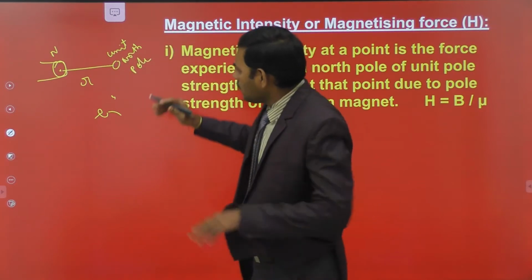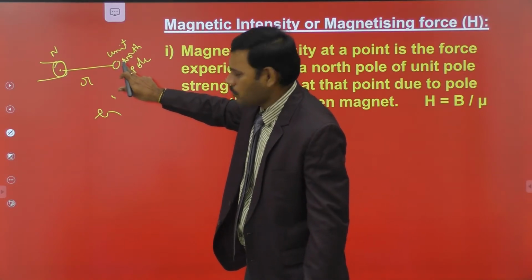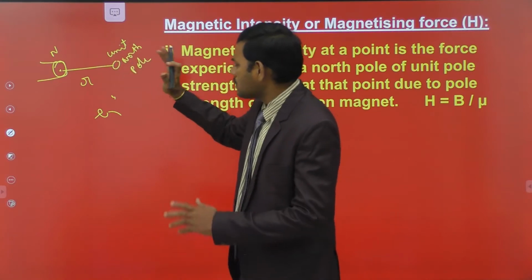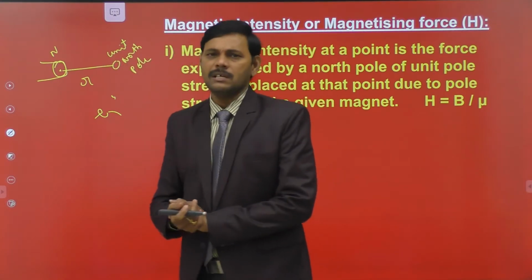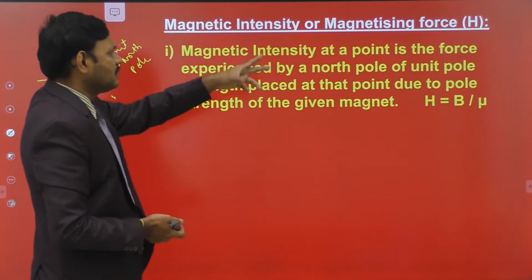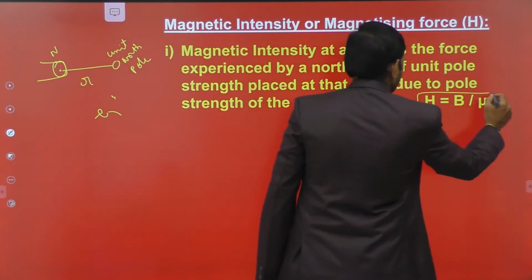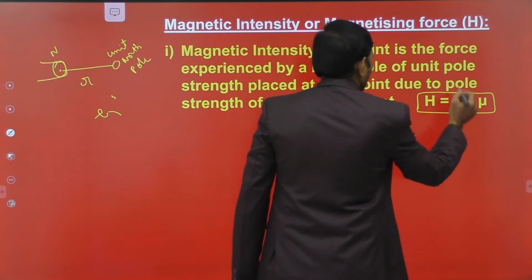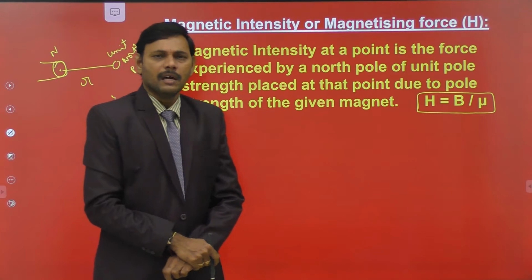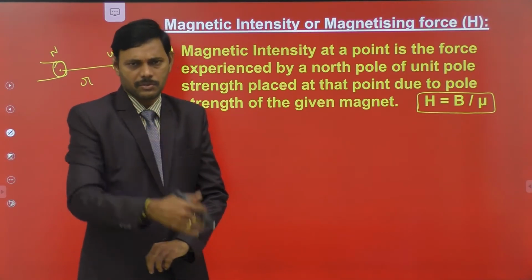Then the magnetic force experienced by the unit north pole at this point is considered to be magnetic intensity or magnetizing force or magnetizing field. The expression for that magnetizing field is H is equal to B by mu. As we know about B very well, we studied magnetic field already and we derived the expression for magnetic field in so many cases in previous sessions.